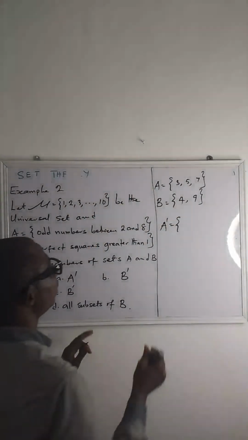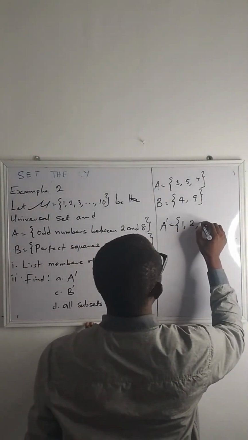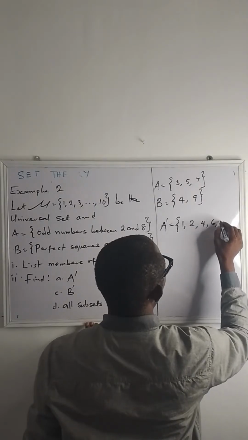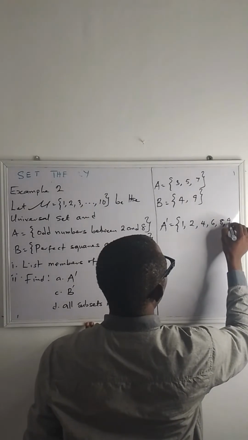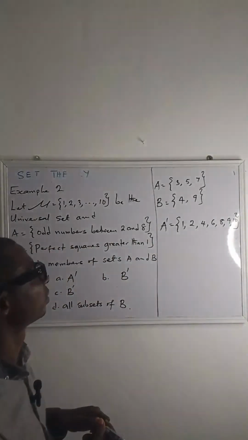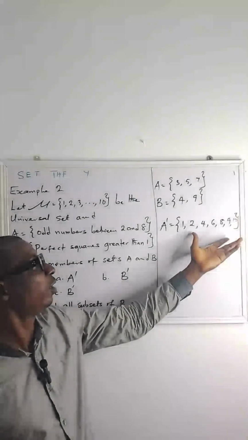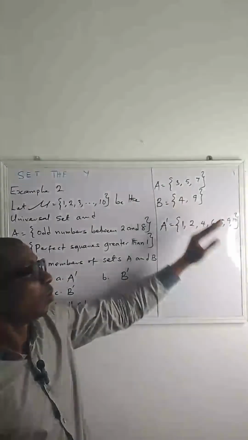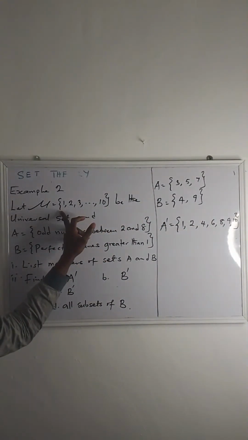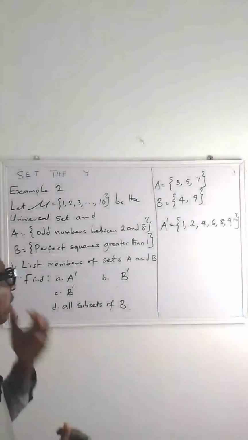Now we have 1, 2, 4, 6, 8, 9, and 10. When you look at these elements, none of them is inside A, but all of them are in the universal set. So this is the complement of A.